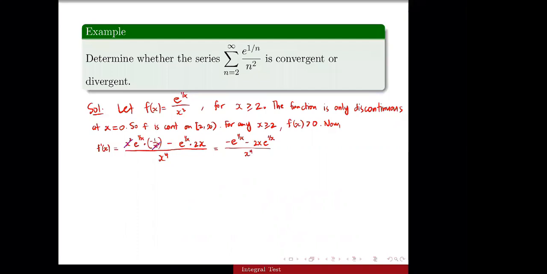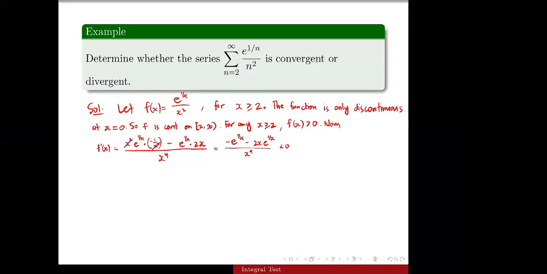And again, this is less than 0 because in your numerator, the terms are negative. The denominator is positive because you are raising it to 4. And you are evaluating positive numbers only.